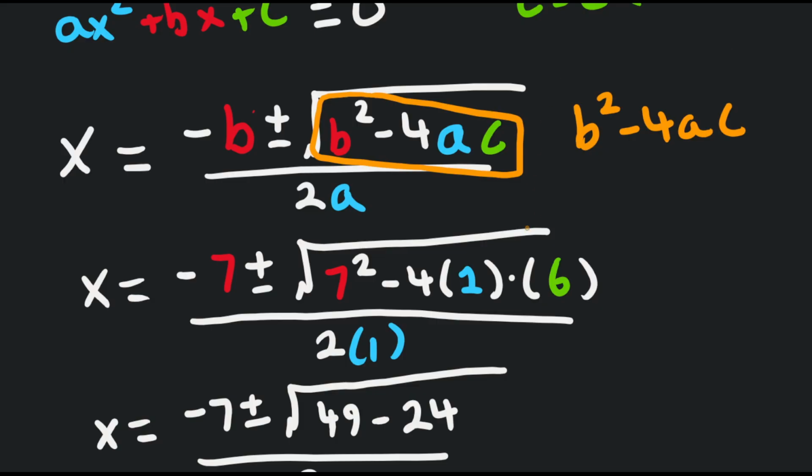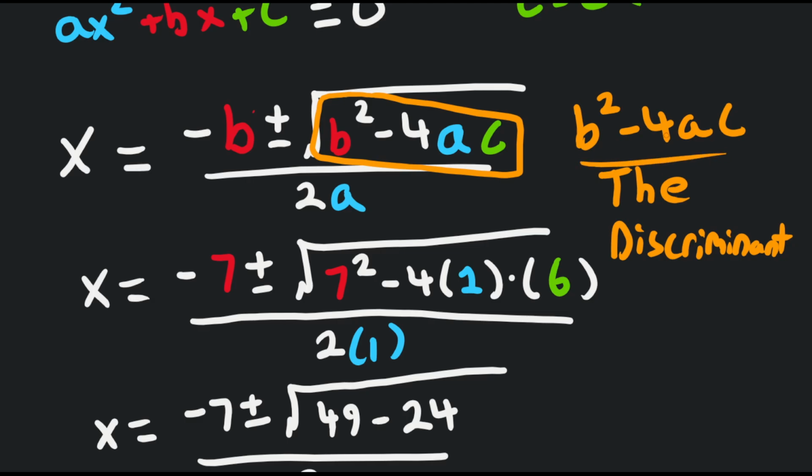This is called the discriminant. And it's very important, because the discriminant tells you a lot about what type of solutions to expect from the quadratic.